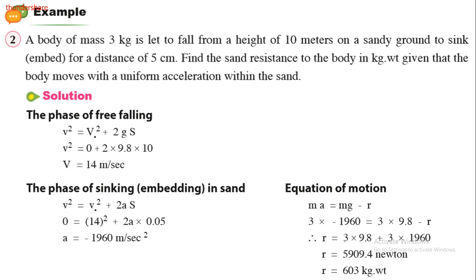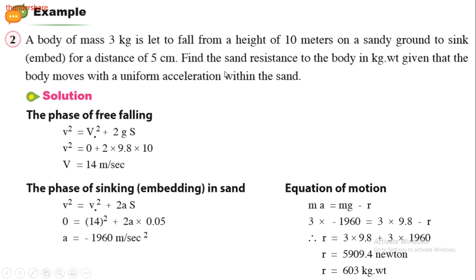Where is Newton's second law, Mr. Sherif, in this case? It will be cancelled. ma equals, what is the force acting on the body? Of course, the only force is the weight. So ma equals mg, so m will be cancelled with m, then a equals g. And this is the acceleration that we are using, which is the gravity. Do you understand? So we don't consider that we have Newton's second law here because it is very simple.